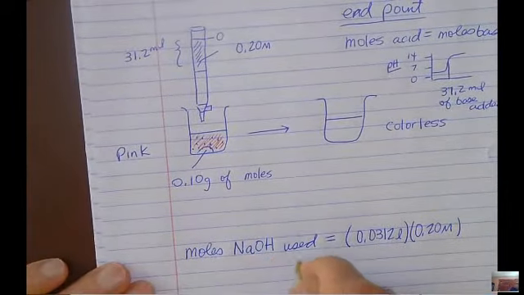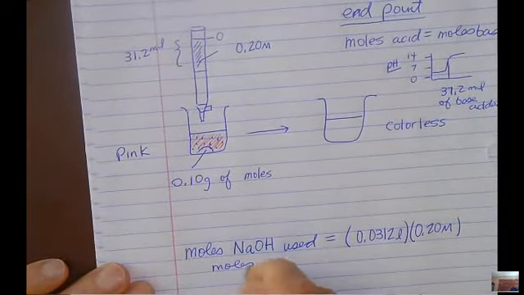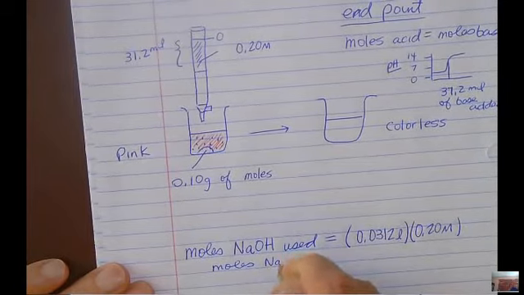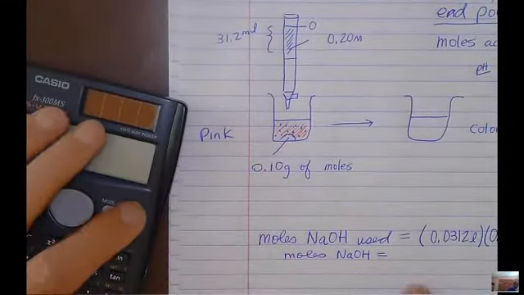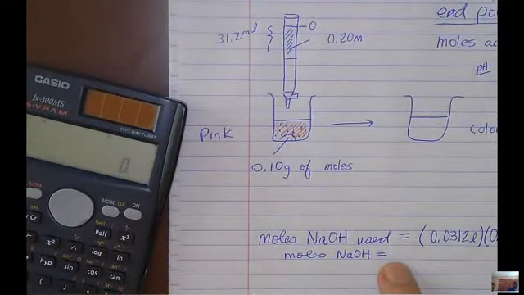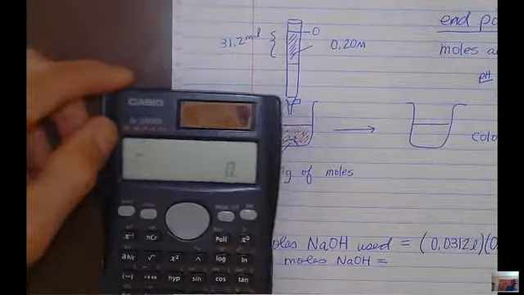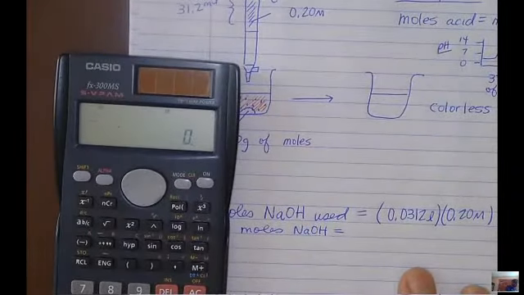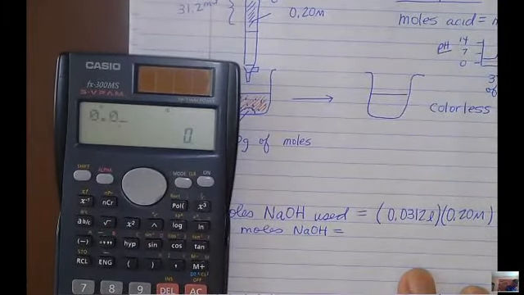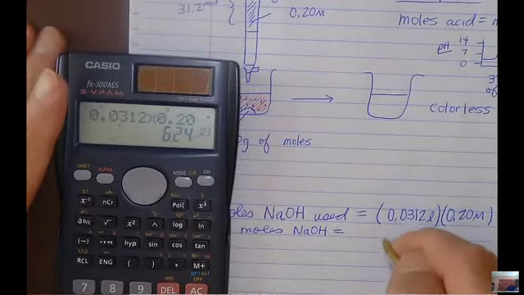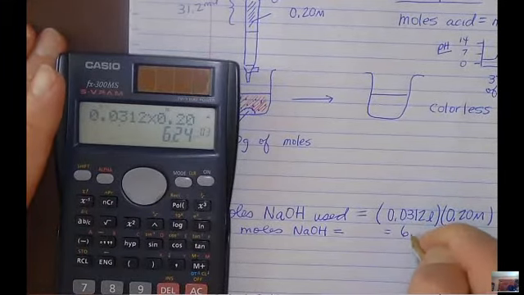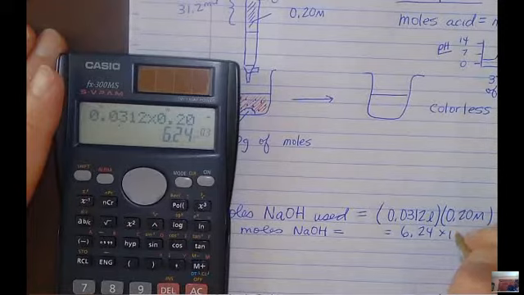So the moles of sodium hydroxide are equal to those two numbers multiplied. 6.24 times 10 to the minus 3 moles.